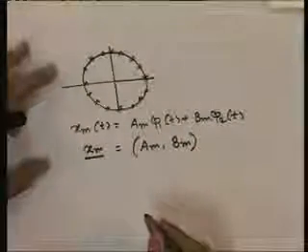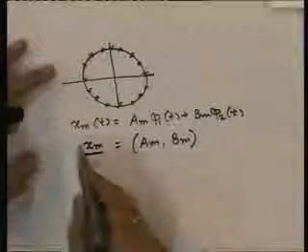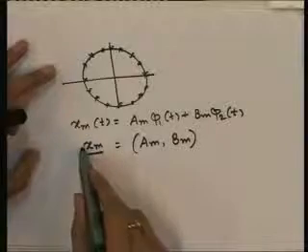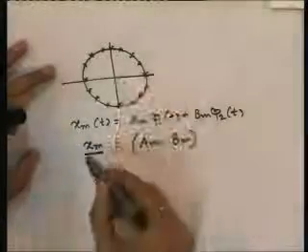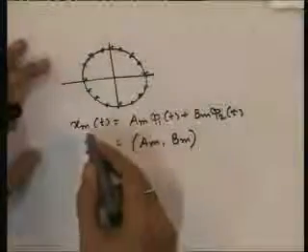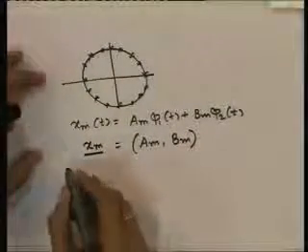Now we have said that the energy of this signal is nothing but the square of the length from 0 to this vector. So let us compute the energy of this first.